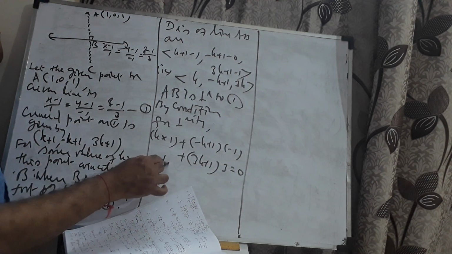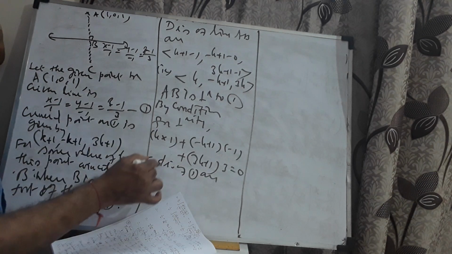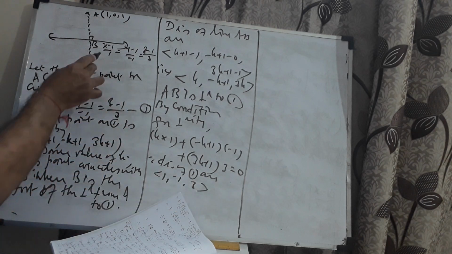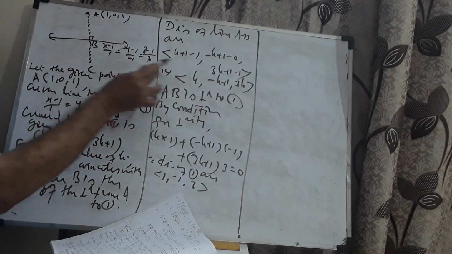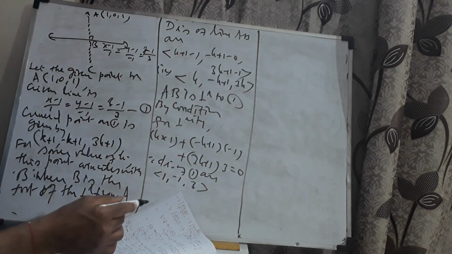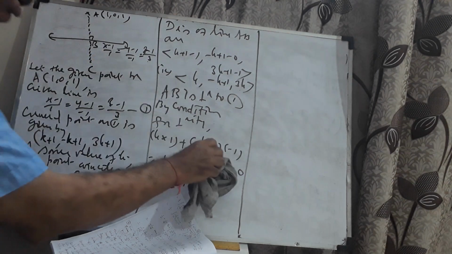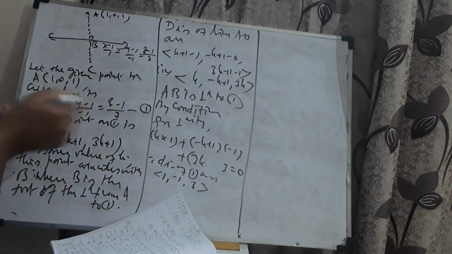Since the DRs of l are, what are they? The denominators give you DRs (1, minus 1, 3). Therefore 1 into k plus minus 1 into (minus k plus 1), then of course 3 into 3k. Sorry, here I by mistake wrote 3k plus 1. It is 3 into 3k I have.